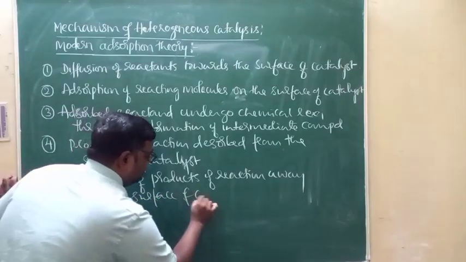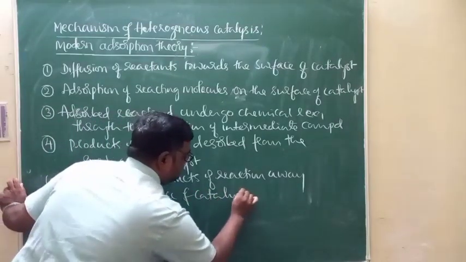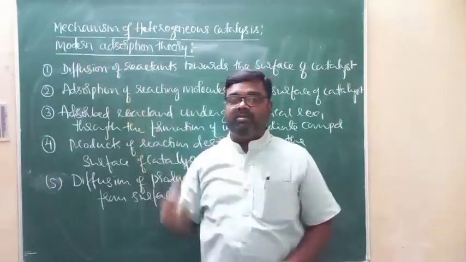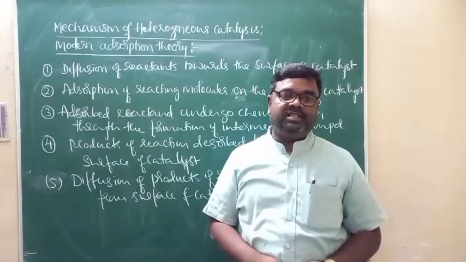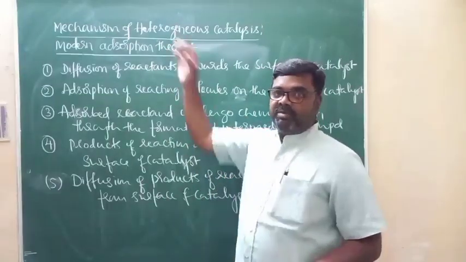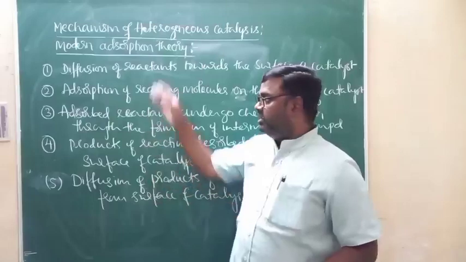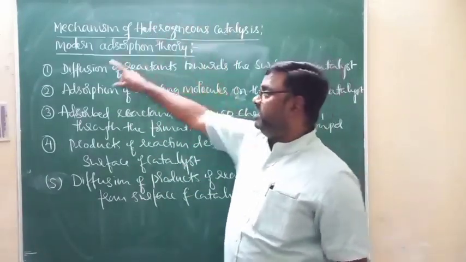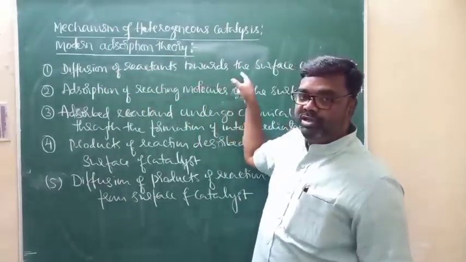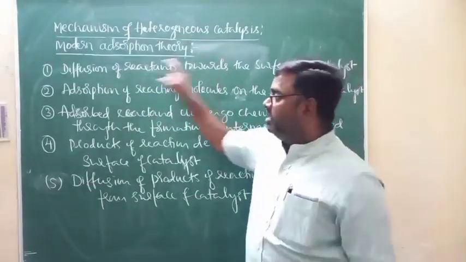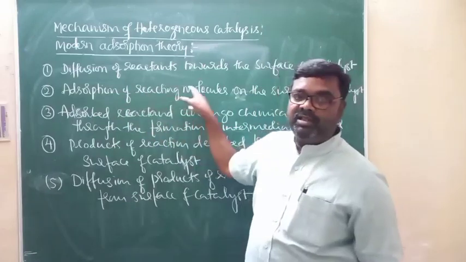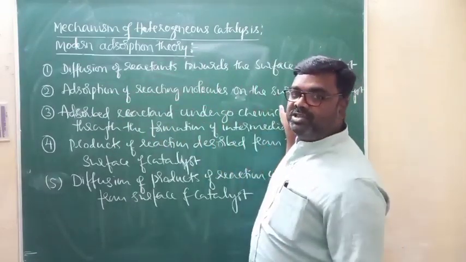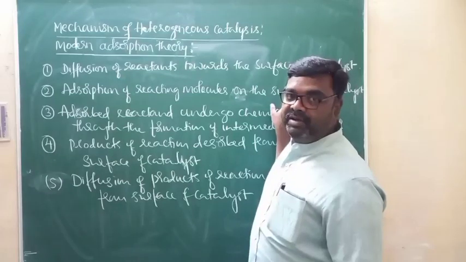These are the 5 steps involved in the mechanism of heterogeneous catalysis as far as modern adsorption theory of catalysis is concerned. First step is diffusion of reacting molecules towards the surface of catalyst, and then they adsorb on the surface of catalyst due to the presence of free valencies.